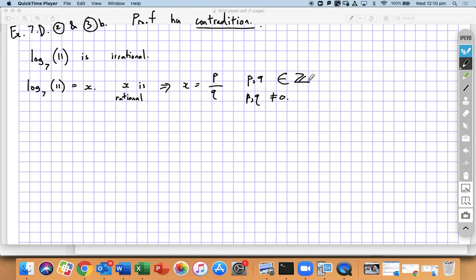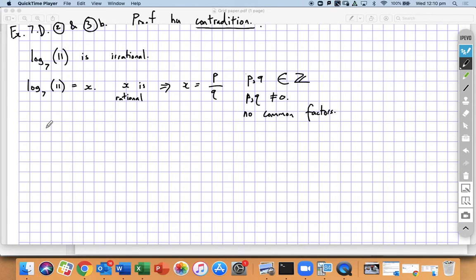And we could add the condition, if we liked, that this is in its simplest form, that it's irreducible. So the fraction has no common factors. Why not? Let's whack that in.